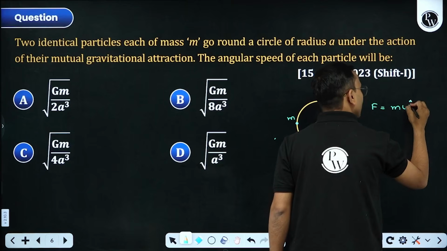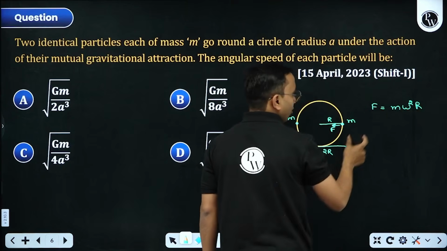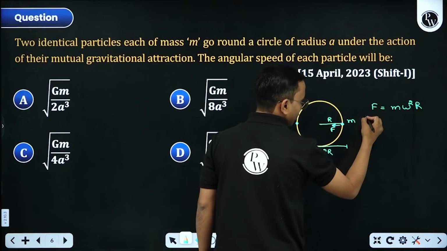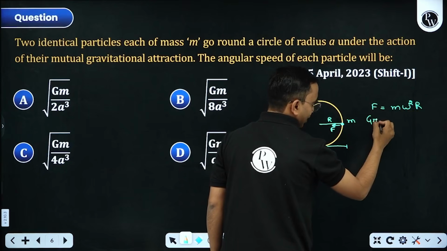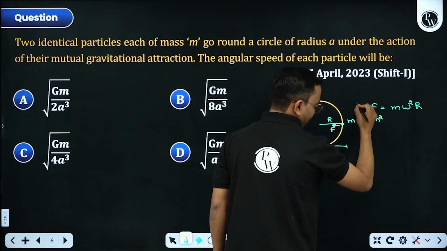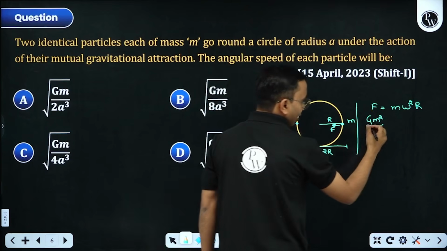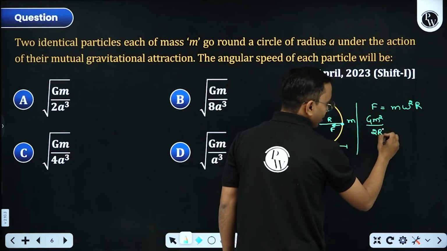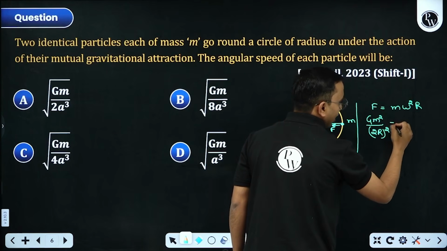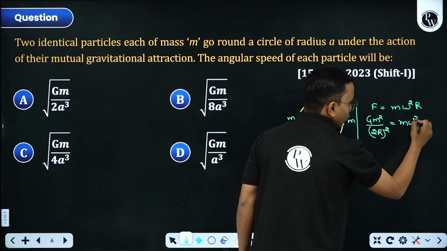Why so? Because I need omega. Now put F. F will be G m1 into m2, which is also m square, divided by the separation between them, 2r whole square, and this equals m omega square r.